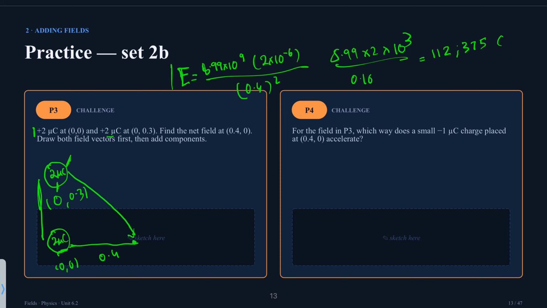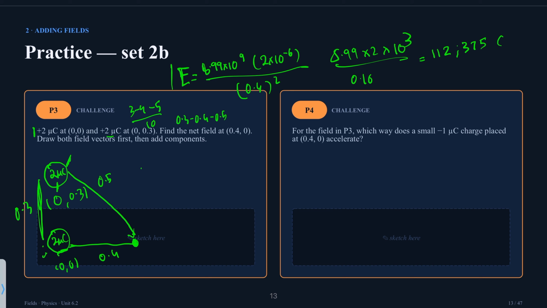So here we know this length is 0.3 because it goes 0.3 above from this charge. So we know this point here is 0.4 away from the 2 microcoulomb charge over here. So this has to be 0.5. Pythagorean triple, right? 3, 4, 5. Divide the entire thing by 10, 0.3, 0.4, 0.5.